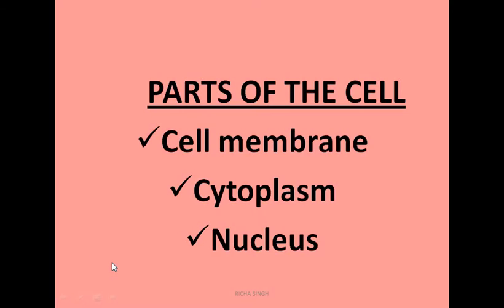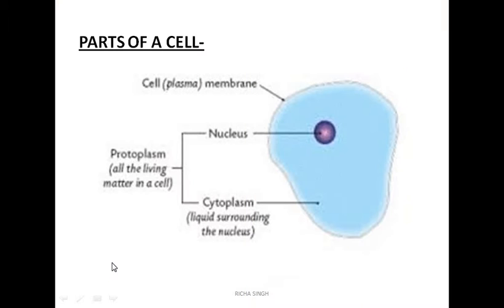A typical cell consists of 3 parts: cell membrane, cytoplasm and nucleus. Let's study each part in detail. Cell membrane is the outer membrane of the cell, the outer boundary.